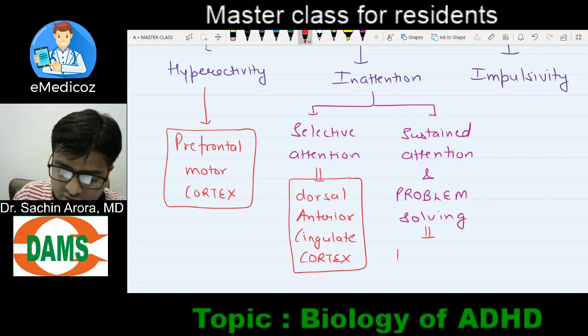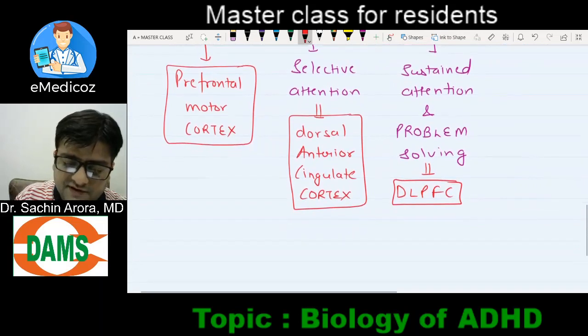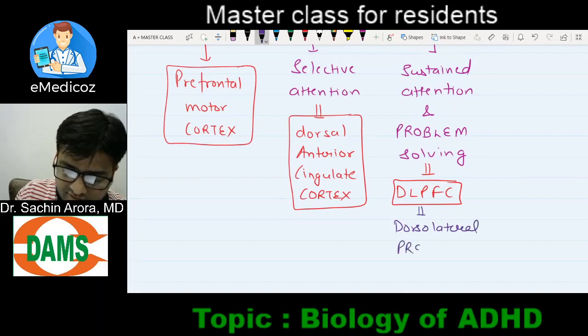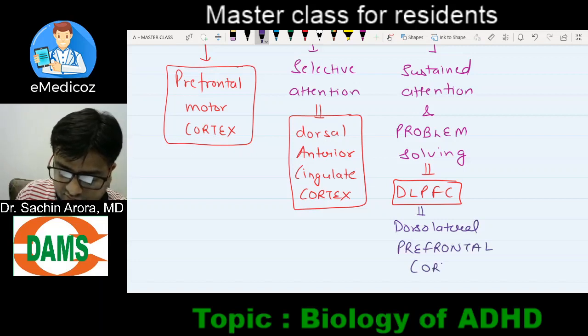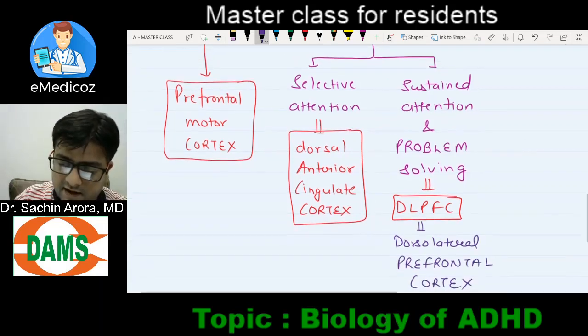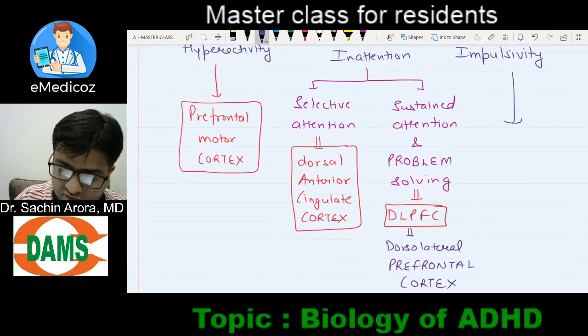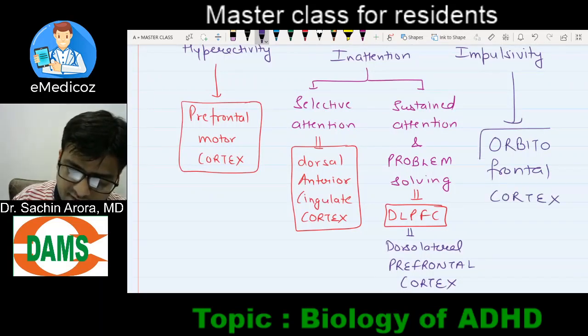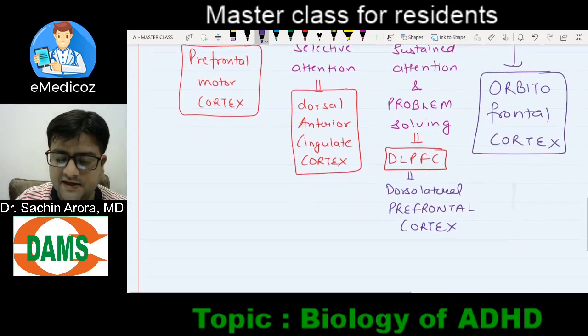This is linked to DLPFC, very famous in psychiatry, known as dorsolateral prefrontal cortex. And impulsivity is linked to the orbitofrontal cortex.